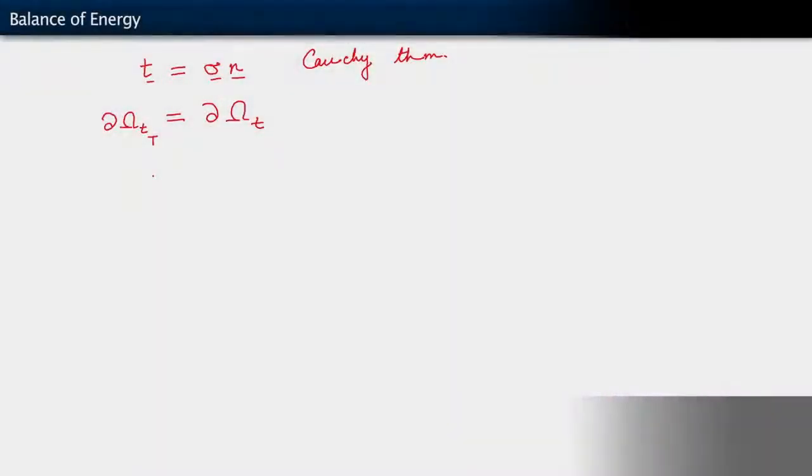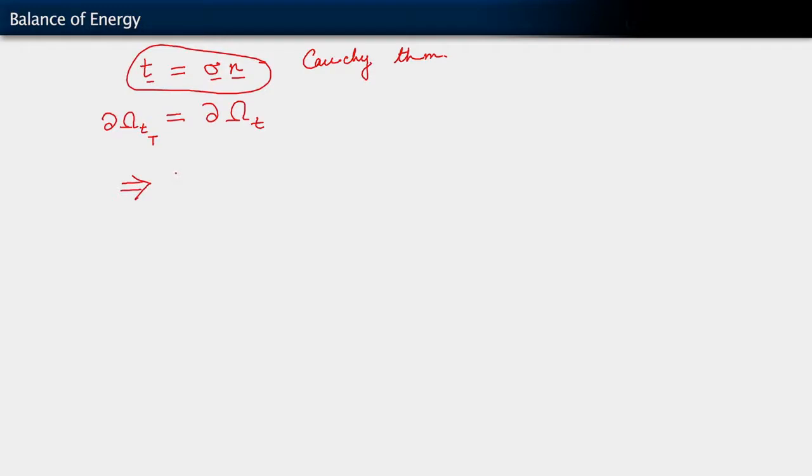What this lets us do, if we combine it with the fact that the traction is related to the stress in that manner, is that the external power is the integral of the body force dotted with the velocity, plus now the integral over the entire surface of sigma n dotted with v.